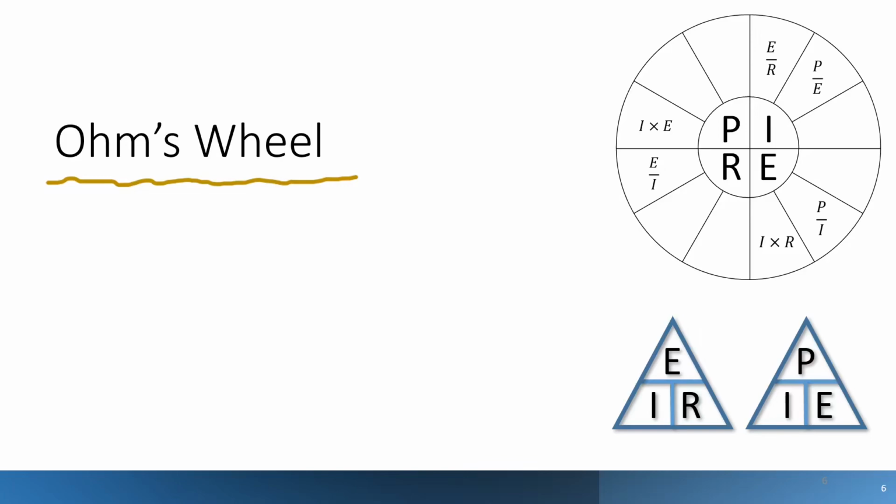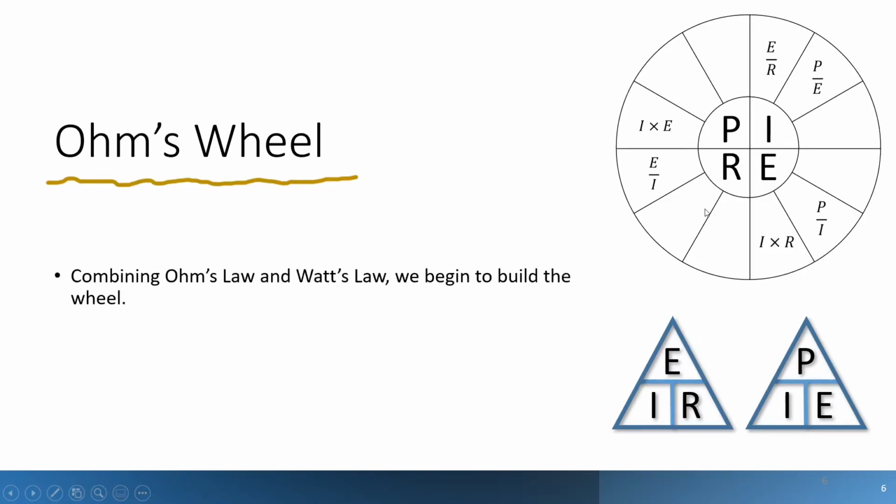But what we're going to do now is take those formulas and fill in these blank spots of other formulas. Because here, if we only knew voltage and resistance, we don't have a formula here yet to tell us how to calculate power, but we're going to do that now.